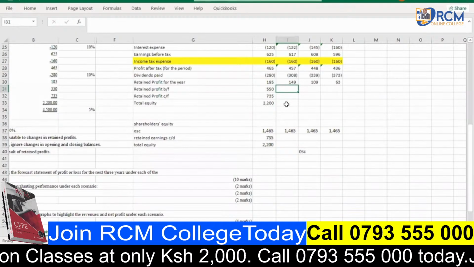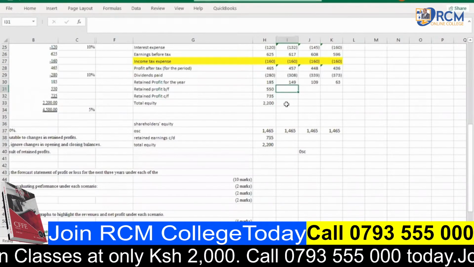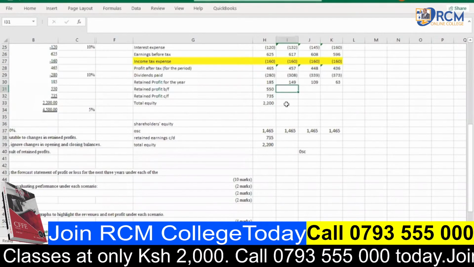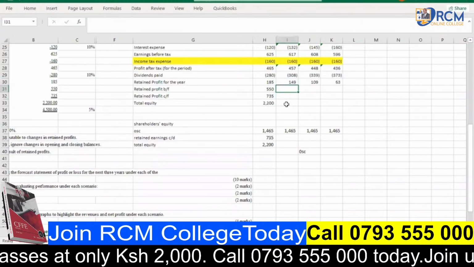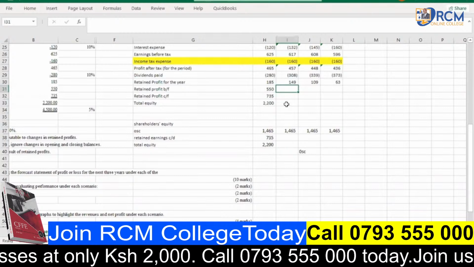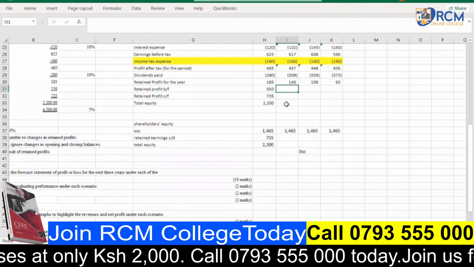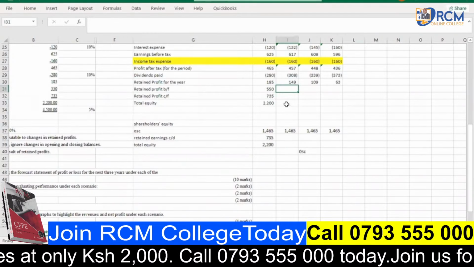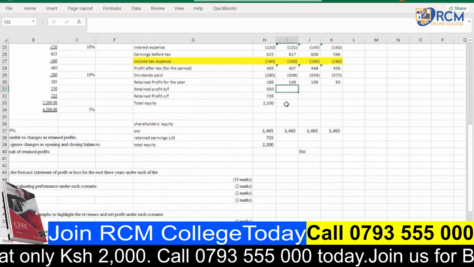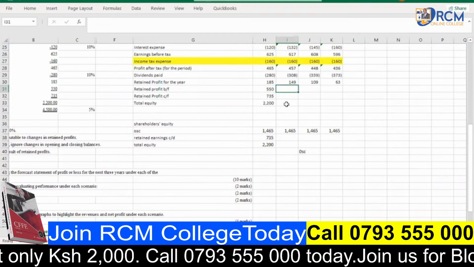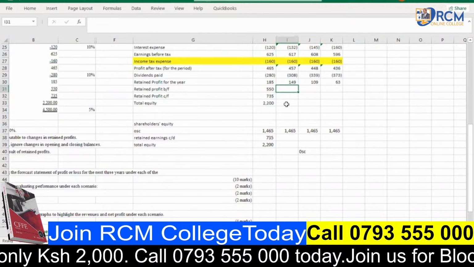Now someone give us that figure if you have understood. 884, no, you are lying to me. You don't even need to calculate that one, just type that one.